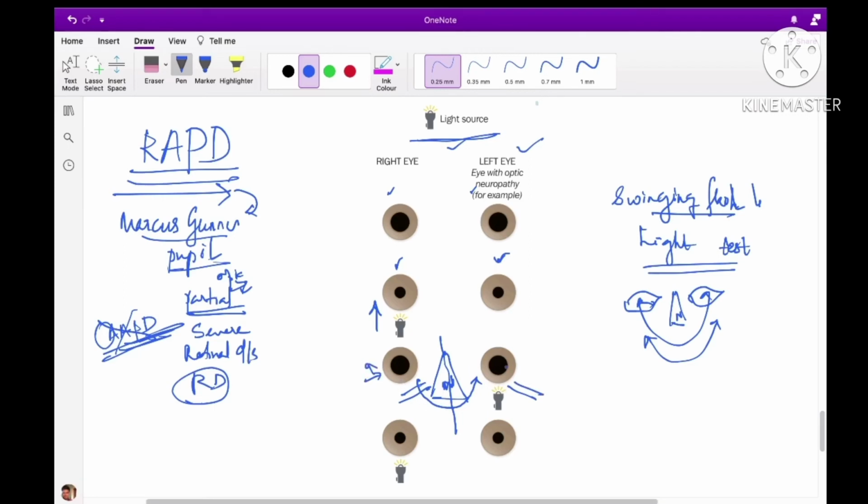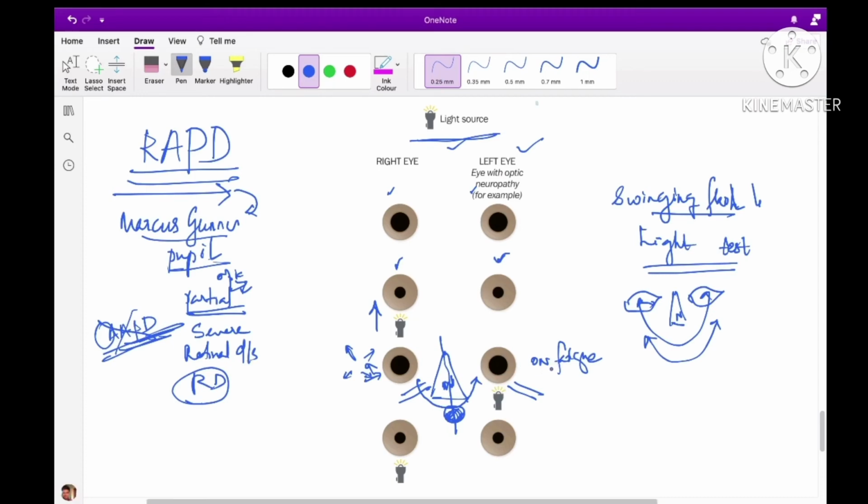You may not get it in the first swing, you may have to swing it some more times. So when your torch is here, only background illumination is there, so the pupils start to dilate. Then when you swing back here, if the optic nerve is fatigued, you will not get as strong a stimulus as from here. Relatively weaker stimuli.